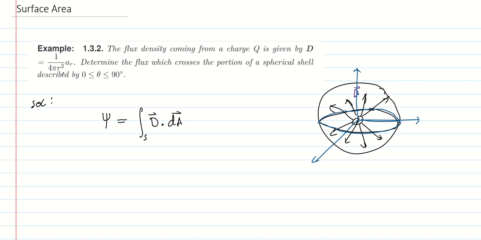If it's not 90 degrees, if it's 0 to pi, or 180 degrees, then that is the whole sphere we're talking about. But the surface described here is just from 0 to 90, so that's just half of the sphere. This half here will be the area.